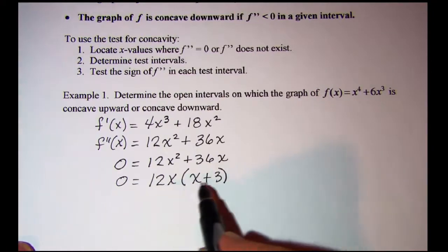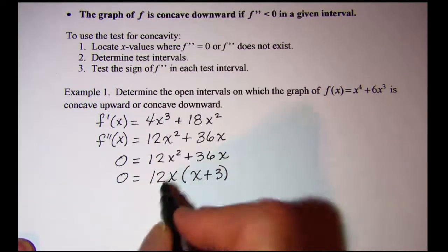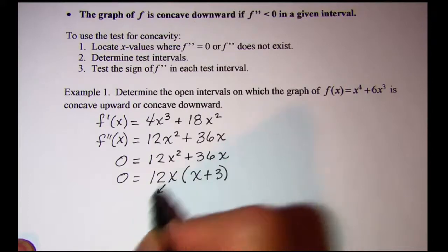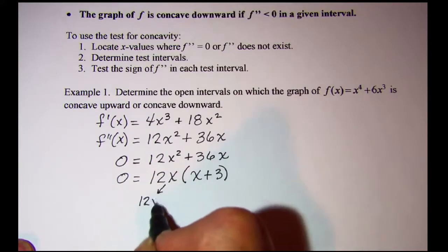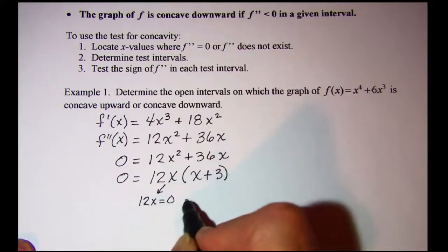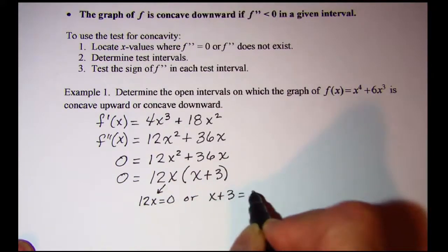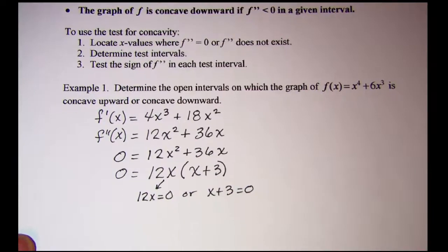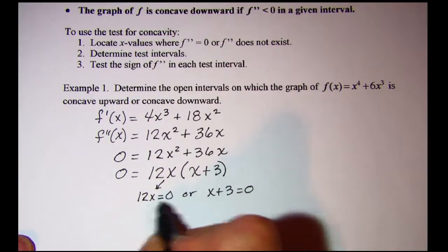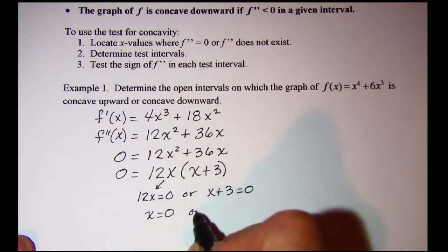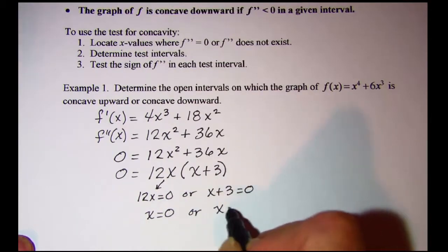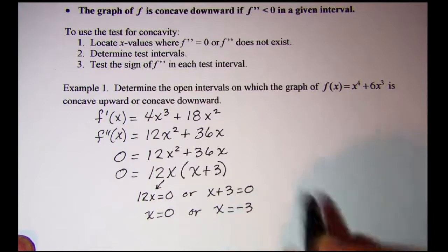The product of two numbers equals 0, then one of the numbers has to be 0. So 12x equals 0, or x plus 3 equals 0. Solving for x, divide both sides by 12, we get x is equal to 0, or x is equal to negative 3.